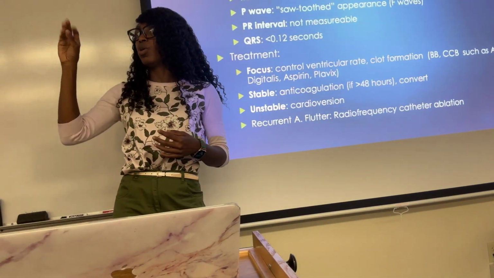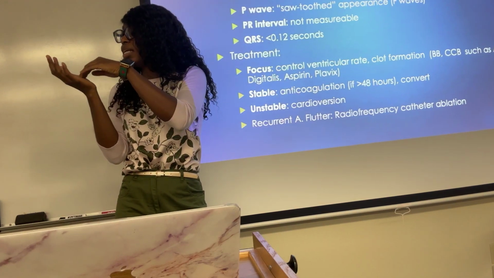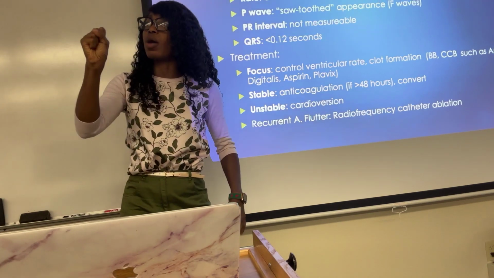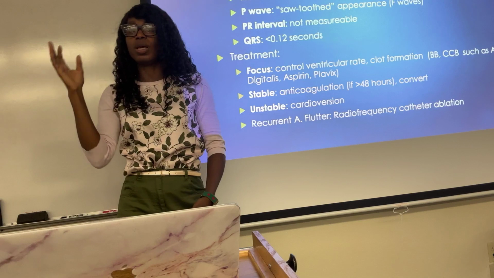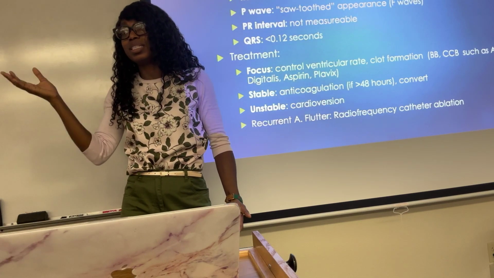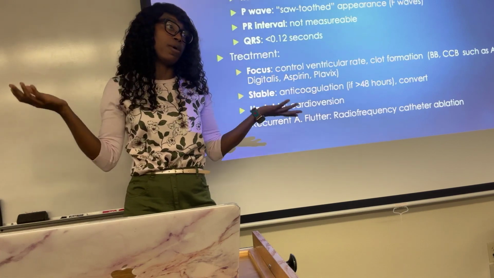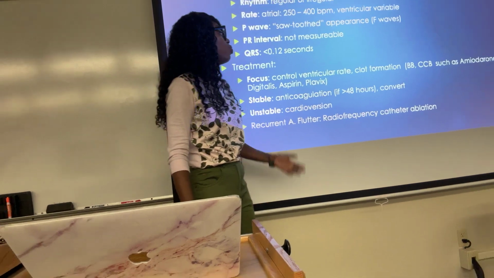It's too fast. So the blood in there won't all come out, because you need a good contraction that brings it all out. That means the blood is going to stay behind, and any blood that sits and doesn't move is able to clot. So that's why we have clotting formation, and we're watching out for that.